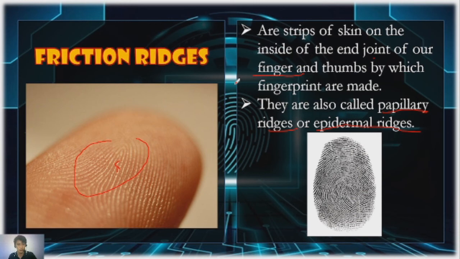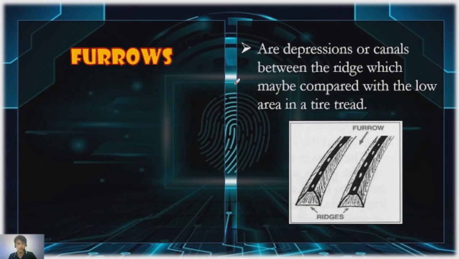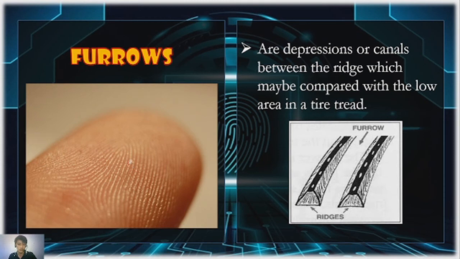In comparison with the depressed formations, or canal-like structures between the ridges, we say that those depressed ones are furrows.